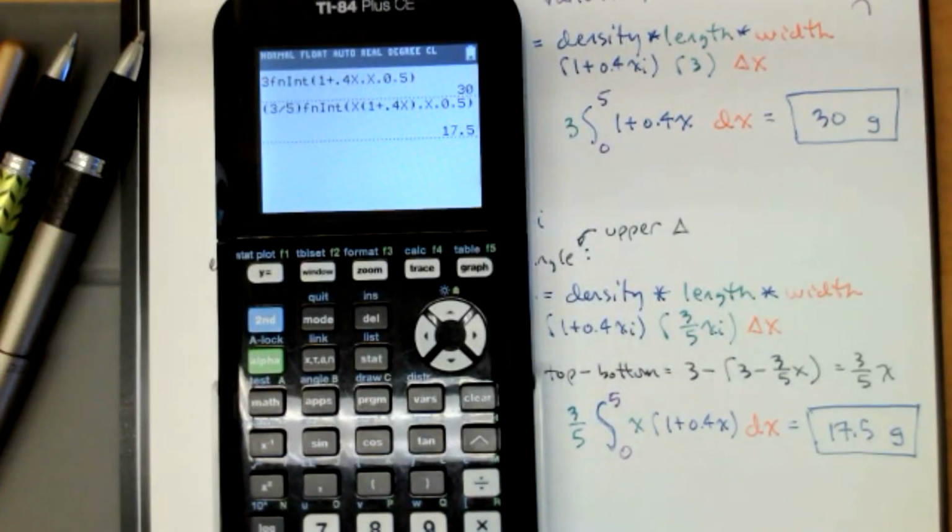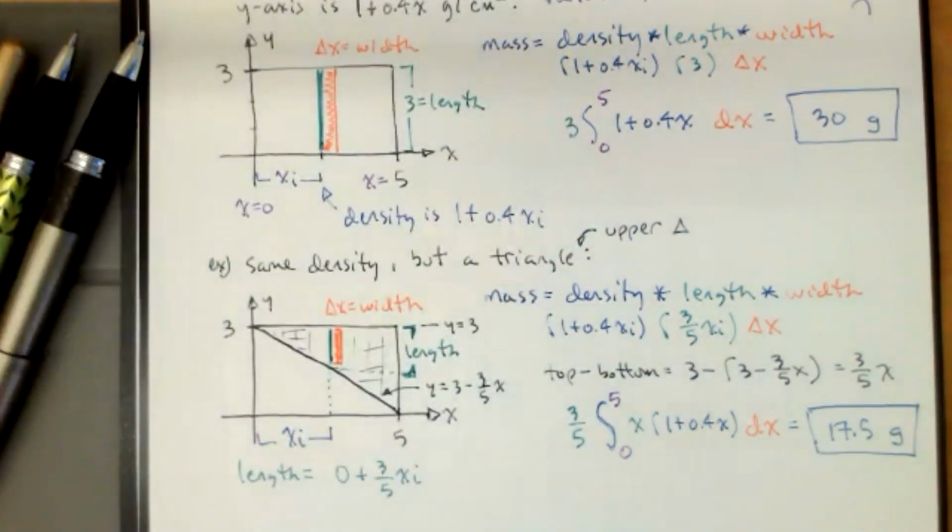Because this problem has context, we have essentially a word problem, the answer should make sense. So if I look at what I'm trying to calculate and how these two problems are related, the area of the bottom triangle is half the area of the rectangle. But the density wasn't constant.